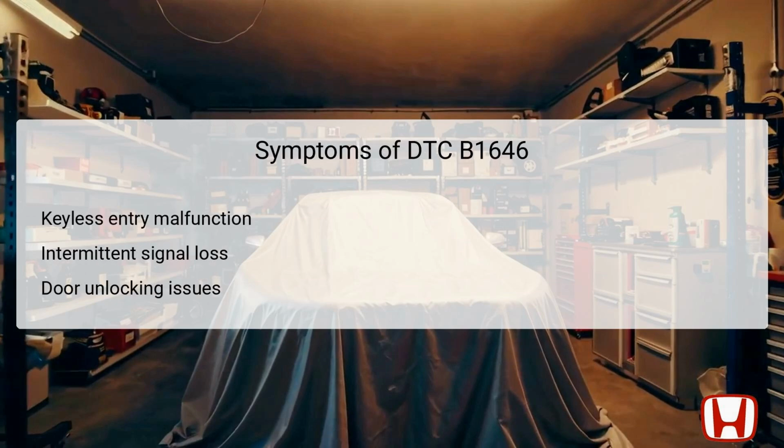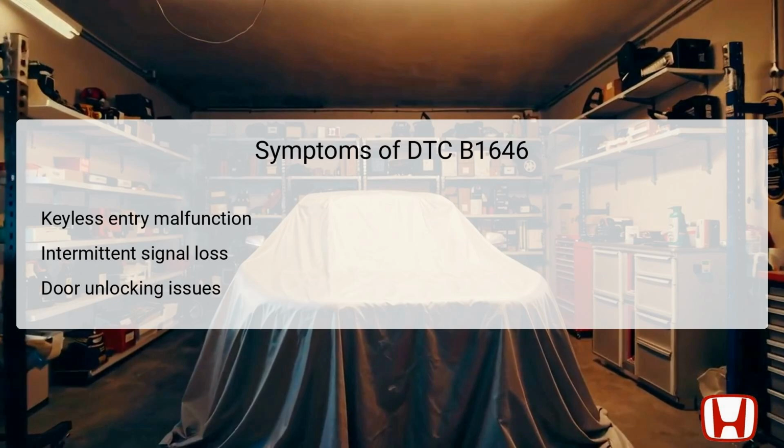When DTC B1646 is present, the most evident symptoms primarily involve malfunctions in the keyless entry system. Drivers may experience issues with the vehicle not unlocking or starting without using the physical key. Additionally, it may result in intermittent signal loss, where the vehicle occasionally responds but fails consistently.